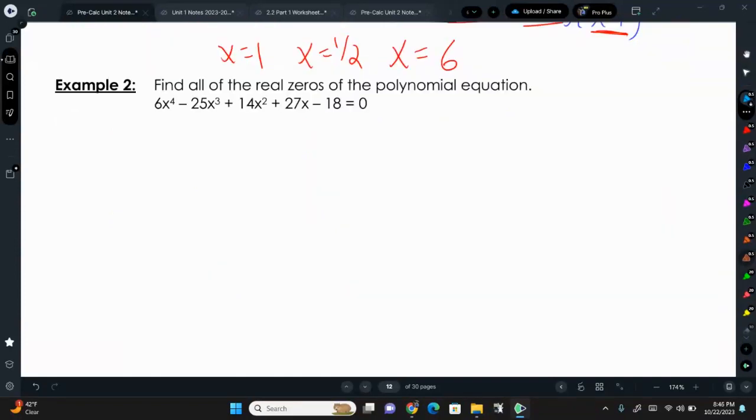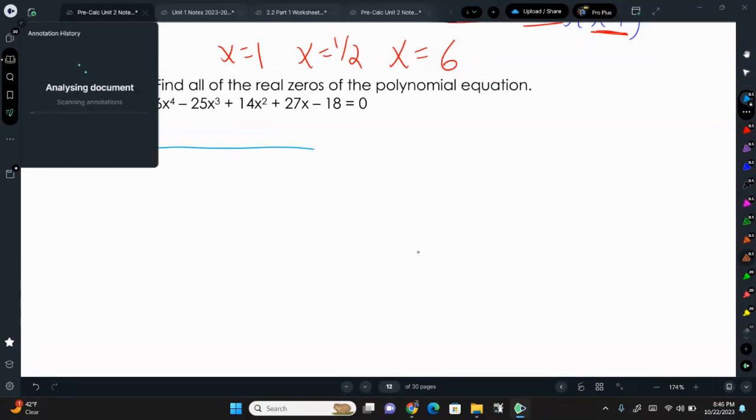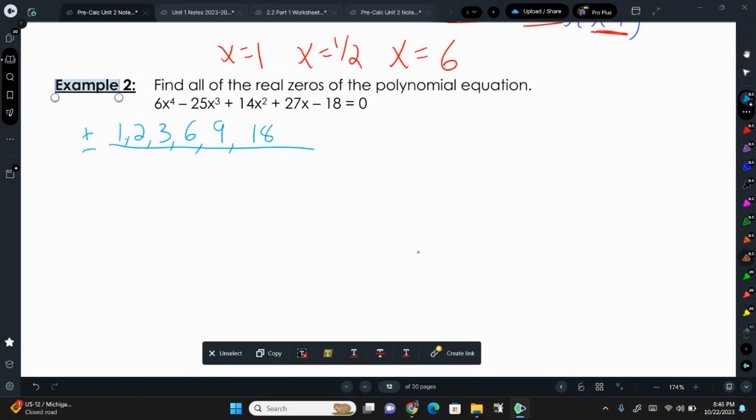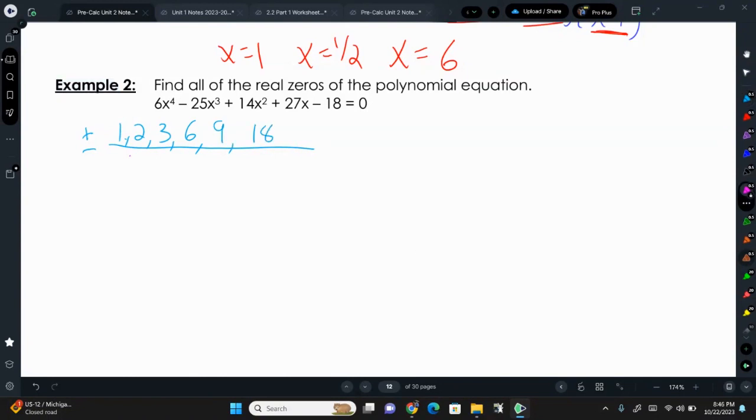All right, for this one we can't factor it. We look at that, there's no GCF to factor, so we're going to do the plus or minus factors of 18 over the factors of 6. There's a lot of factors of 18: 1, 2, 3, 6, 9, 18, over the factors of 6.